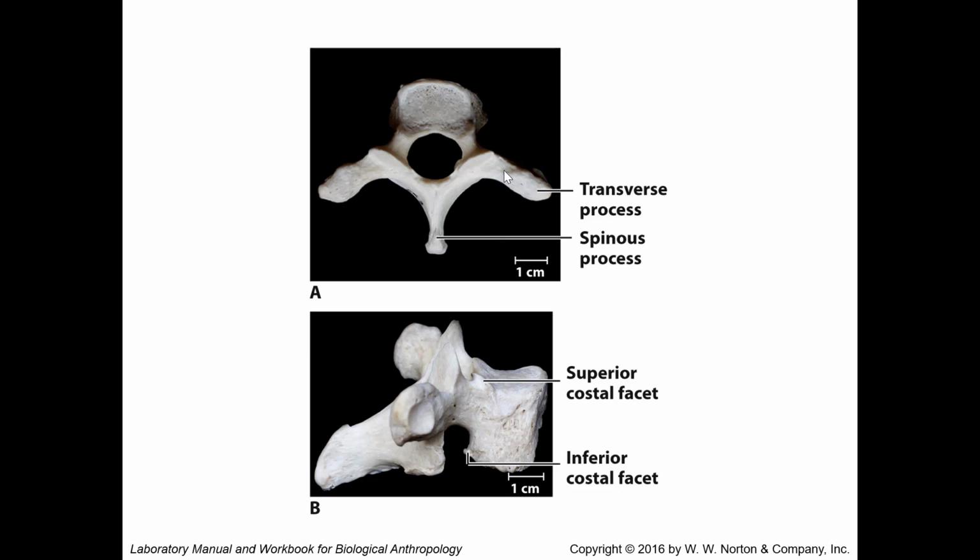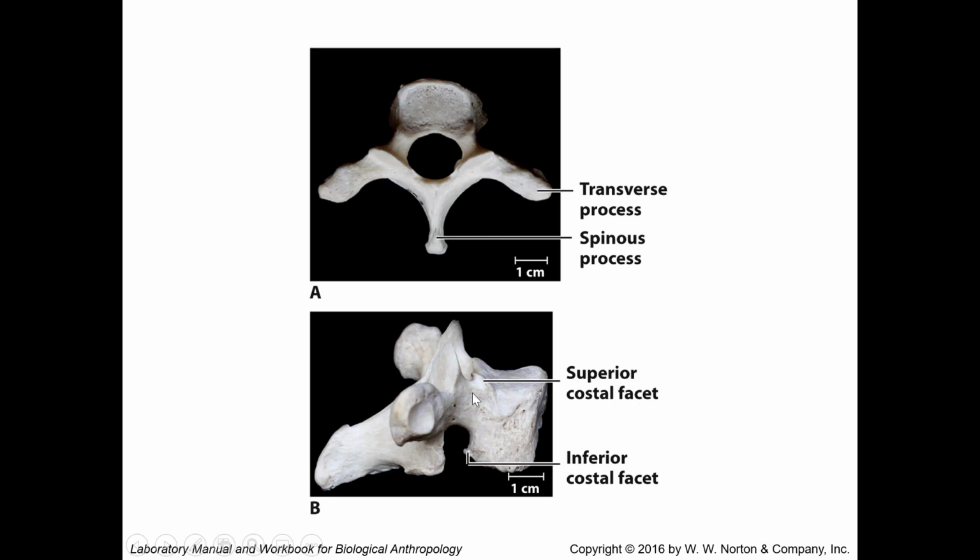The lowest thoracic vertebra have spinous processes that more closely resemble those of our lumbar vertebra. So sometimes it's a little difficult to identify between a lower thoracic and your first lumbar vertebra, but with practice, it gets easier. So just look at this transverse process. It doesn't have holes, so that means it is not a cervical.